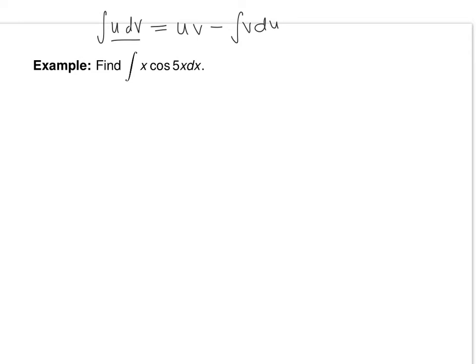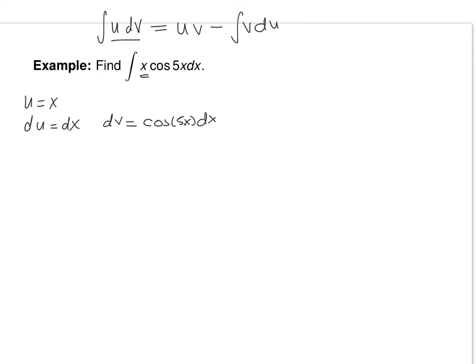Usually you choose u to be the function that goes away as you take repeated derivatives. So we're going to let u equal x. Then the derivative of u is dx. And dv is going to be the rest, cosine of 5x dx.